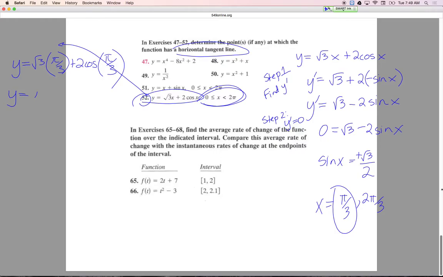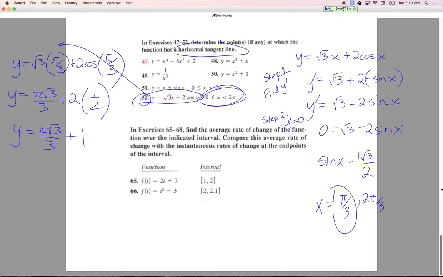Plus 2 times, what's cosine of pi over 3? It's 1/2. And then what happens to the 2's? Cancel, so we're going to get pi root 3 over 3 plus 1.